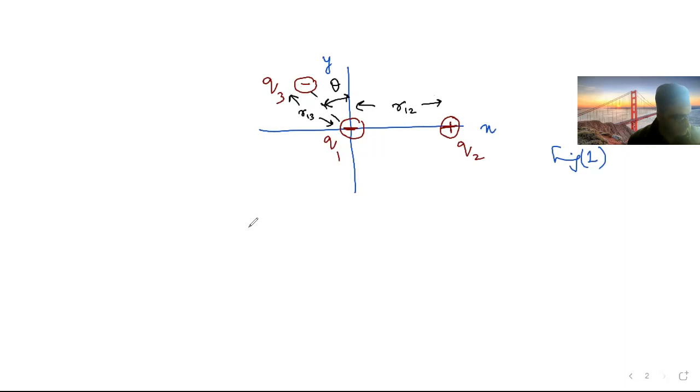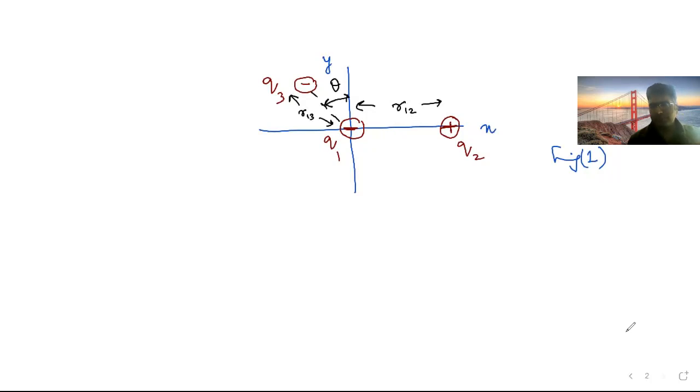Q1 is at the origin, Q3 is placed at this location shown in the figure. Q2 is a positively charged particle located on the x-axis as shown, and the distance between Q1 and Q2 is R12, which is given. Distance between Q1 and Q3 is R13, which is given.